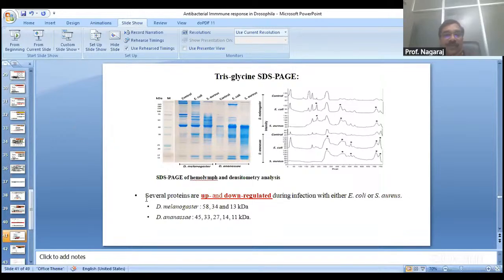And there are several proteins up and down regulated during infection of these two species, these bacterial strains. In melanogaster, we could see 58, 34 and 130 kilodaltons, 3 different molecular size proteins identified. And in NNSA, 45, 33, 27, 14, and 11 kilodaltons, which are specific to this NNSA, we could analyze.